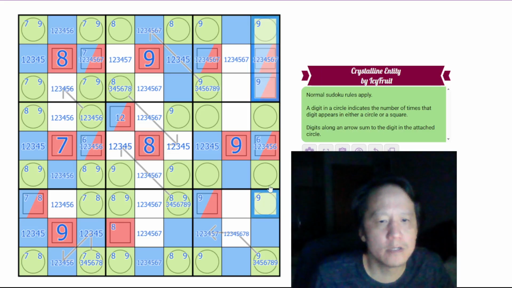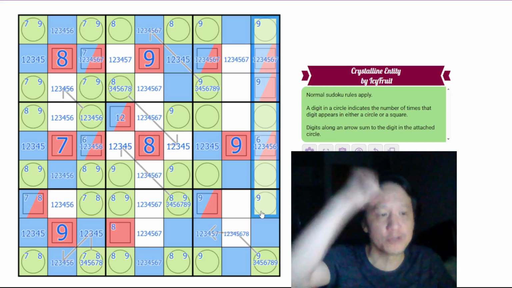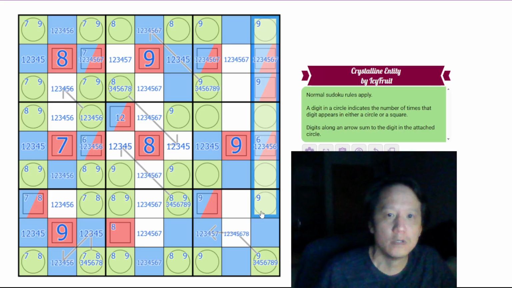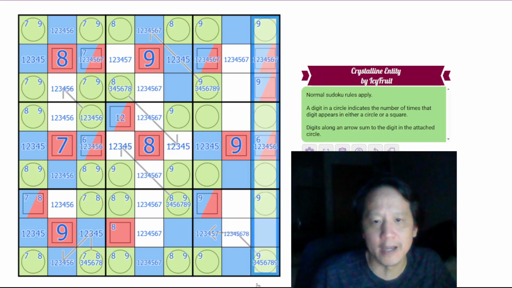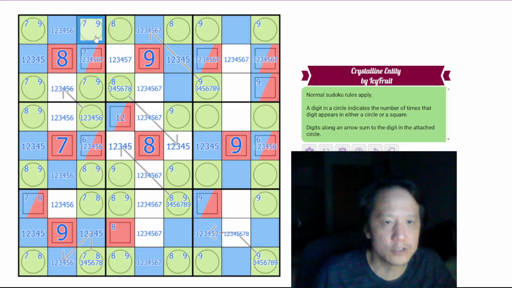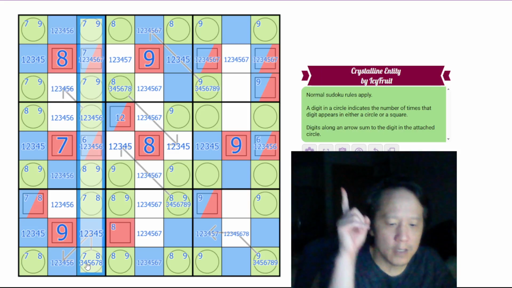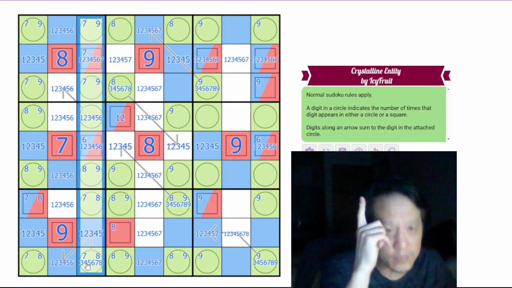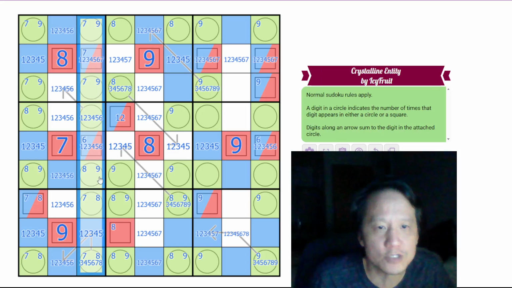How many columns and rows do we have that are almost completely filled with circles and squares? Column 9 has 8 circles and squares. Column 3 has 8 circles and squares. If... No, we don't have it restricted, unfortunately.